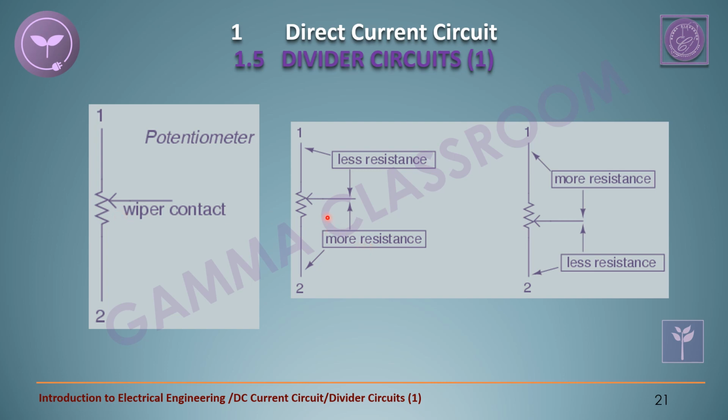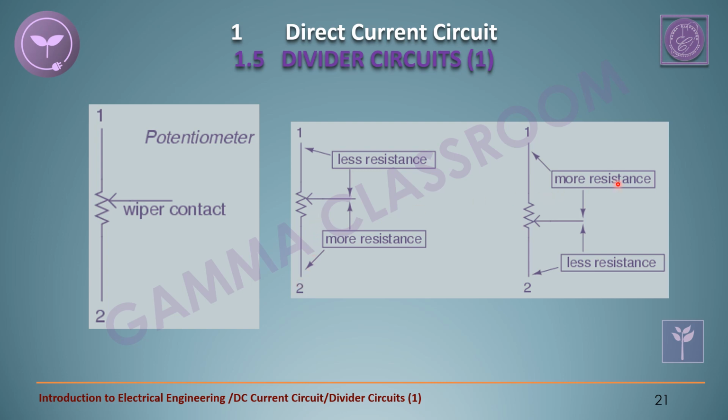When the wiper moves up, the resistance between this point and point 1 is smaller, and the resistance between this point and terminal 2 is bigger.